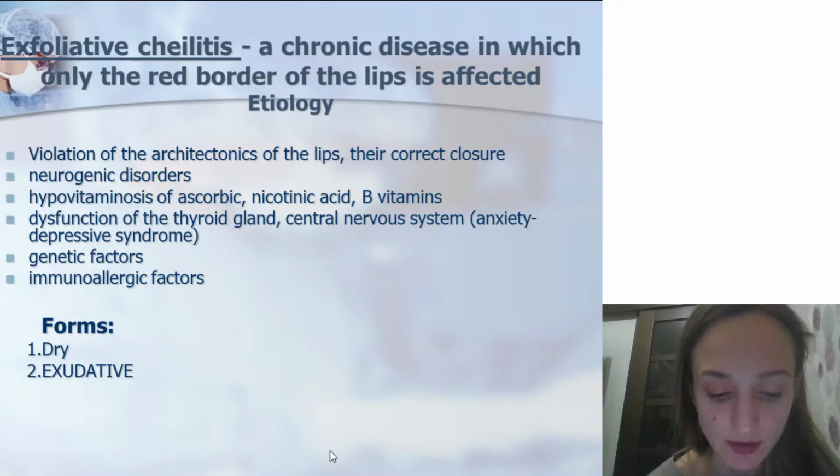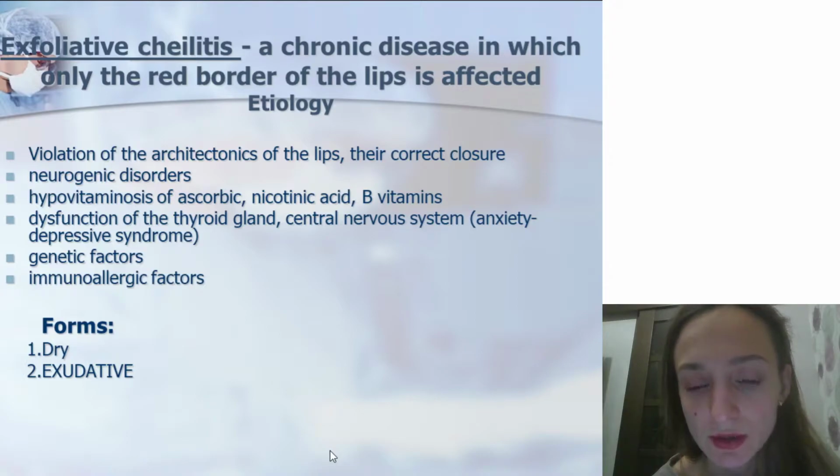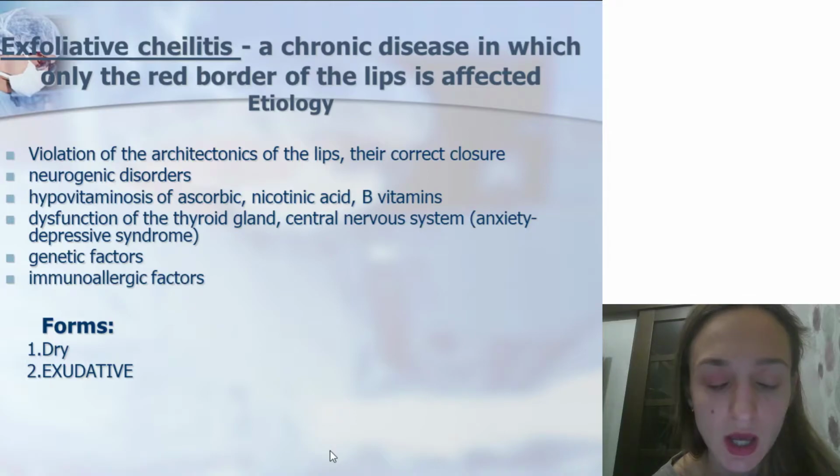Then neurogenic disorders, hypervitaminosis of ascorbic acid, nicotinic acid, and vitamins of group B. Next one, dysfunction of the thyroid glands and central nervous system, genetic factors and immunoallergic factors. And forms that you should know can be dry and exudative.